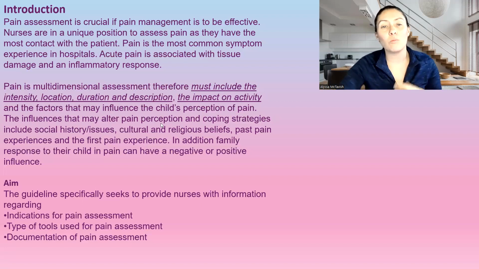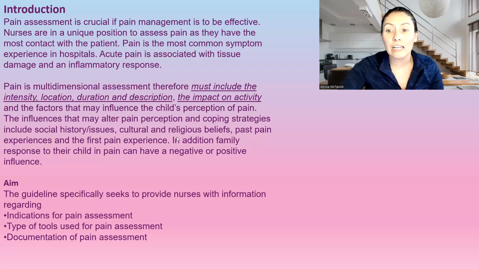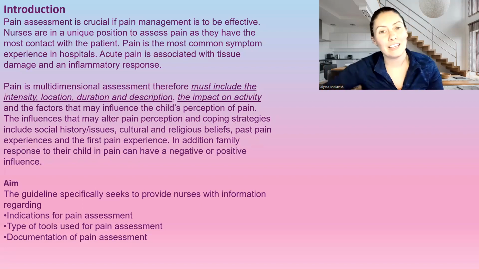It is a lot more difficult to assess a child for pain, okay? The influences that may alter pain perception and coping strategies include history or issues, cultural and religious beliefs, past pain experiences, their first pain experience. In addition, family response to the child's pain can have either a negative or a positive impact, okay?